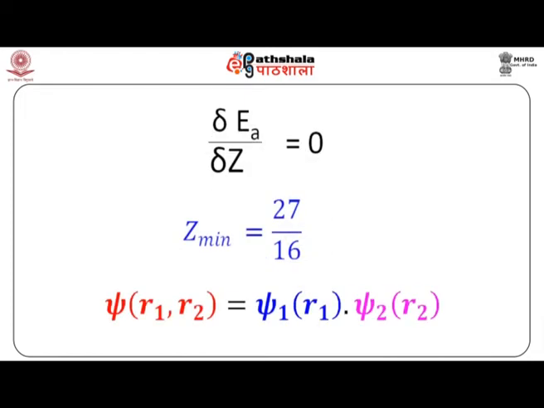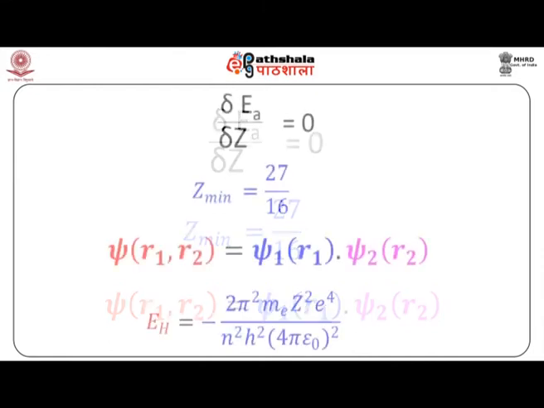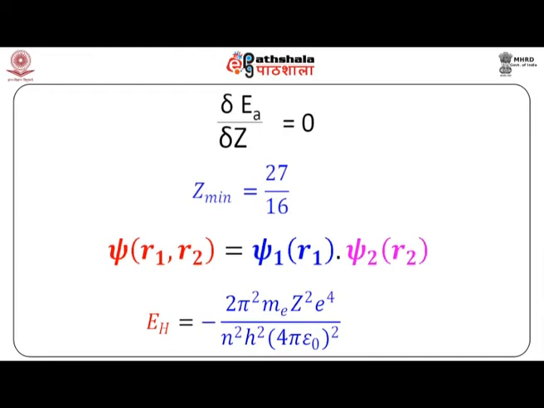Psi naught is equal to psi 1 r1 into psi 2 r2. Since energy is an additive property, on ignoring interelectronic repulsion, helium atom energy becomes sum of energy of two hydrogen atoms. The energy of hydrogen atom is given by equation 19a with Z equal to 1.